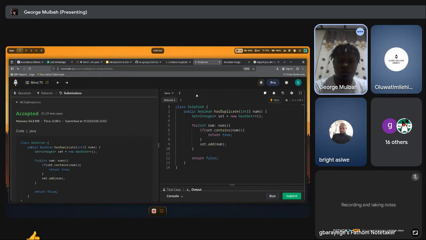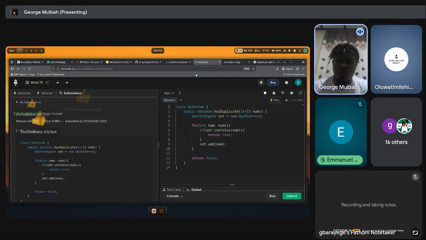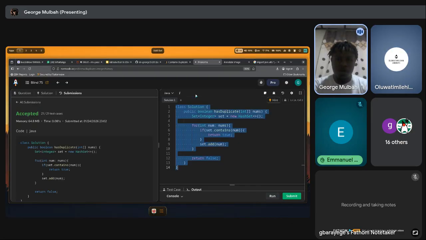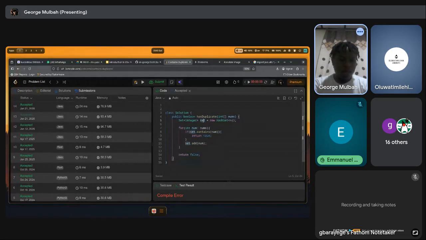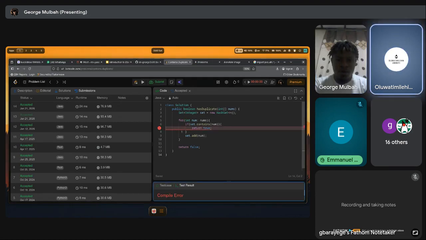I don't know. I have to look into these coding platforms. They're misbehaving a lot tonight, maybe because it's a live session. But if I take the same code and run it on LeetCode, it's amazing. If I run this code here, I get a compilation error.